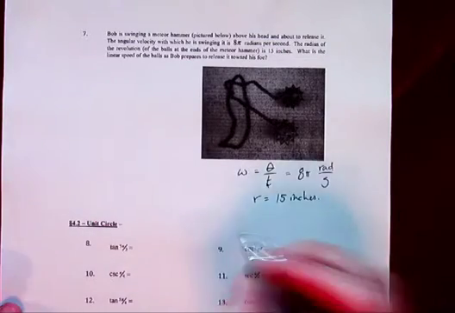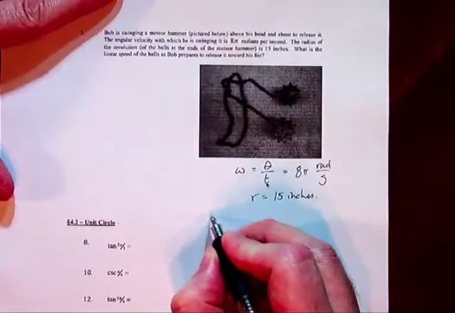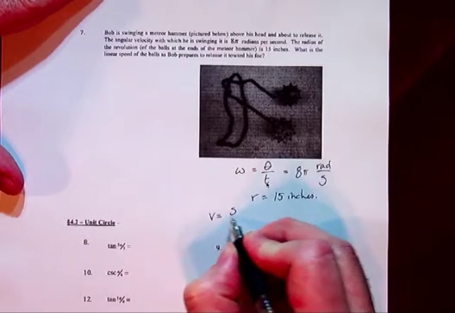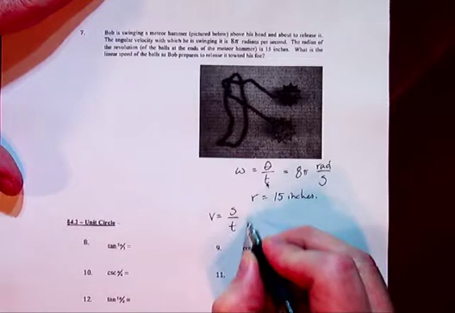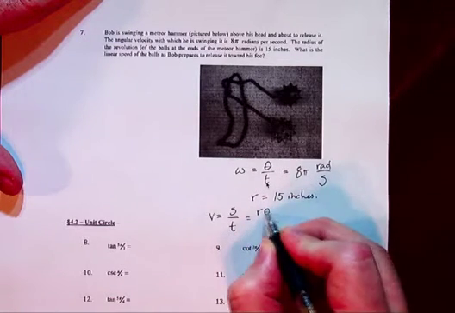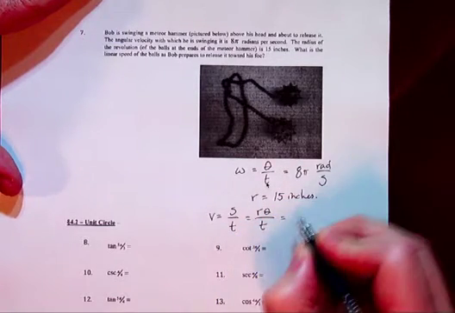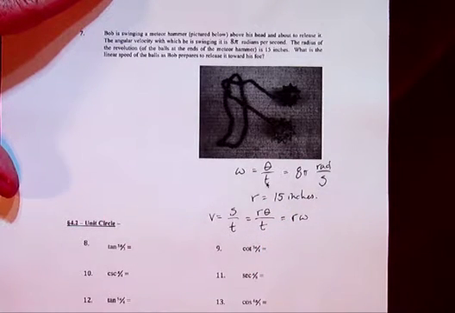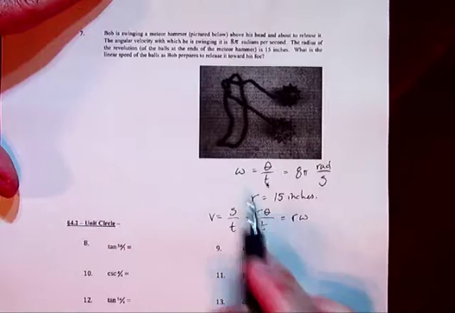Now, we should remember that our linear speed, v, is s per time, arc length per time, which was also r theta per time, which was also r times omega. Well, we have r, we have omega.